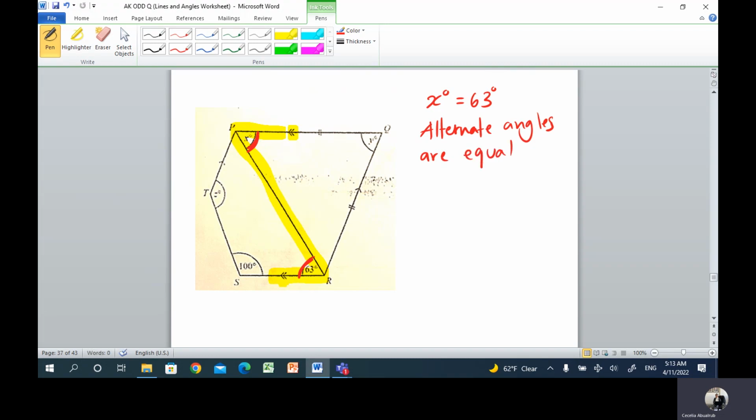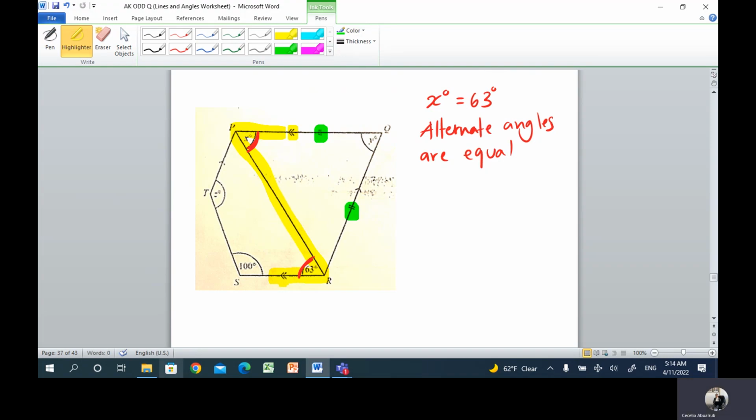Okay, so we found x, and then we're going to say, okay, so here, if we found x, can you see this shape? This is an isosceles, right?